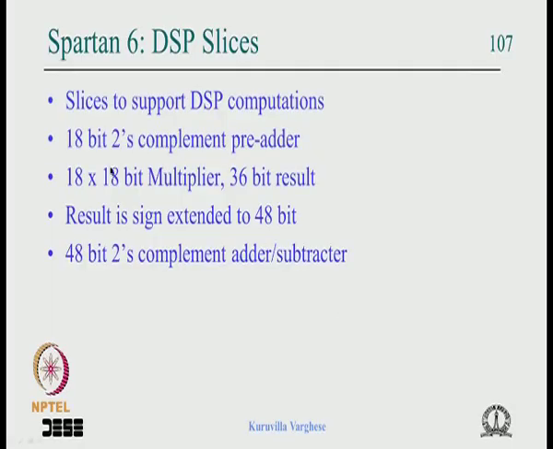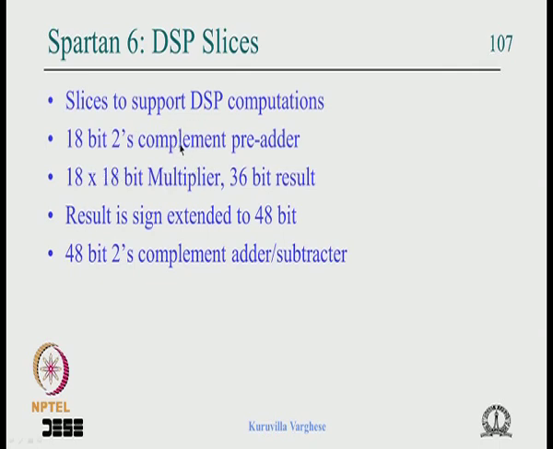The DSP blocks in Xilinx FPGAs give you this particular option. You have a pre-adder, an 18-bit 2's complement pre-adder, that means you can do signed 18-bit addition in the pre-adder, and that added output can go to a multiplier which is an 18 by 18 multiplier.